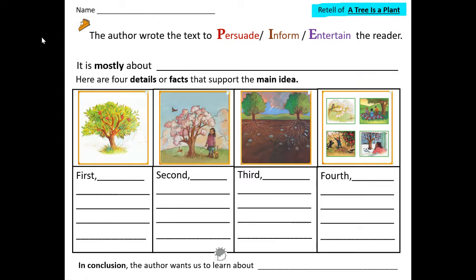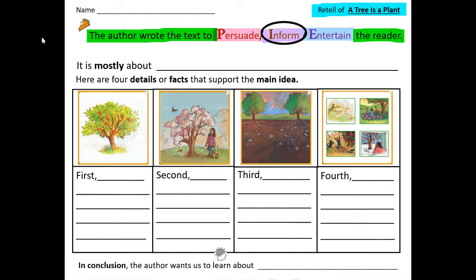So let's retell out loud the text, A Tree is a Plant. The author wrote the text to either persuade, inform, or entertain the reader. Why did the author write A Tree is a Plant? The author wrote the text to inform the reader.